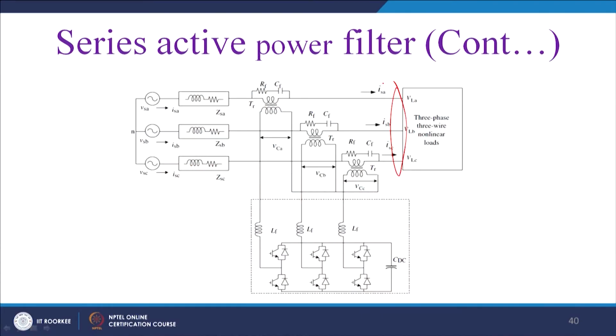Otherwise, if we wish to compensate only the harmonic part, then it can manipulate this harmonic voltage by the angle between voltage and current, and this can be injected, and thus it will cancel out the harmonics produced by any harmonic voltage source, and ultimately the source voltage is cleaned of the harmonics. So, this solution is basically the series active solution.